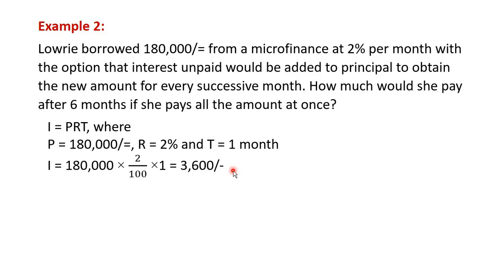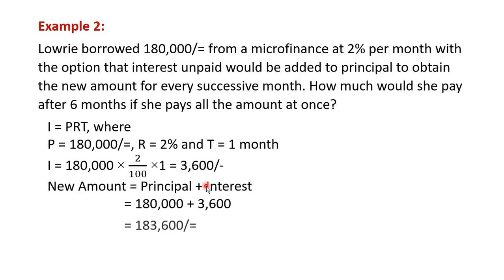Then, to get the new amount, it is going to be the principal plus the interest. So that is going to be 180,000 plus 3,600, and that is going to give us 183,600 shillings. Now this is going to become the new principal.